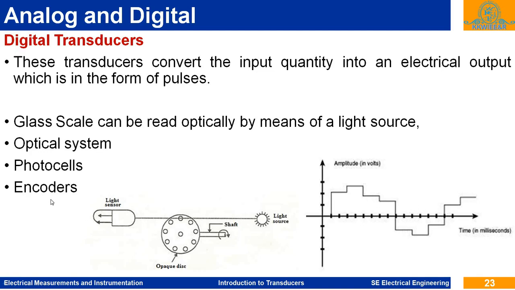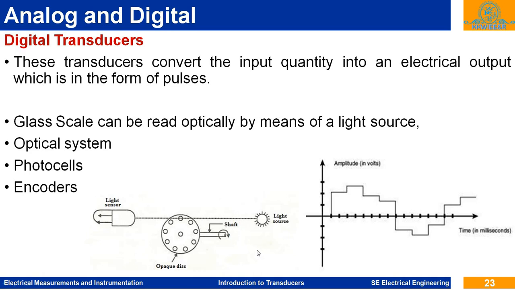In an encoder there are three different pulses, A, B, C. These pulses are compared with respect to another pulse, and based on that we can decide whether the motor or machine is rotating in the forward direction or the reverse direction. Based on the rate of these pulses, we can measure the speed of that device.